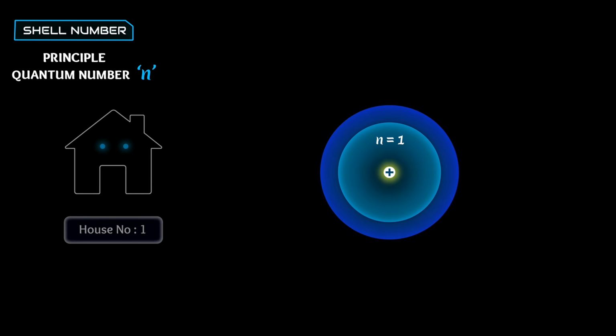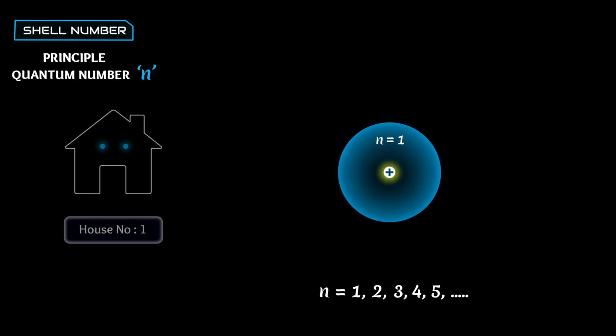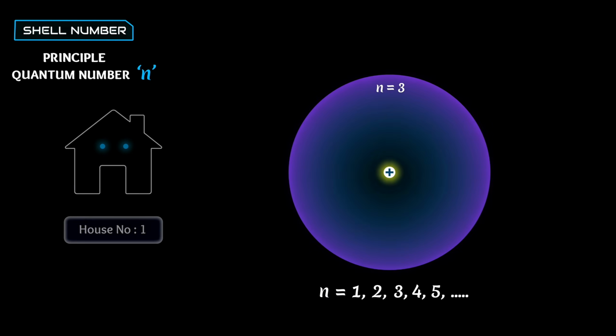The second shell is n equal to 2. The third is n equal to 3, and so on. These n values are always positive integers: 1, 2, 3, 4, etc. As the shell number increases, the size of the electron cloud increases, making the electron cloud larger. In other words, the highest probability of finding an electron is farther from the nucleus.